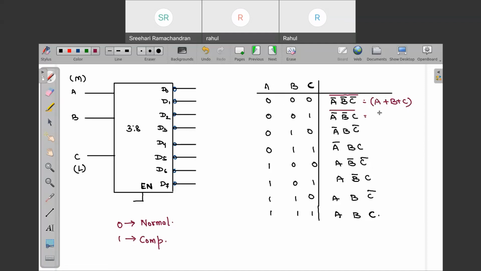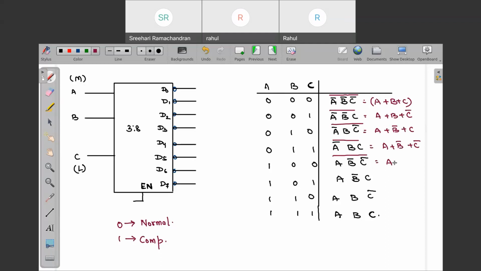Again, if we take the complement, this will be A plus B plus C complement. Taking the complement over here, this will be A plus B complement plus C. This will be A plus B complement plus C complement.